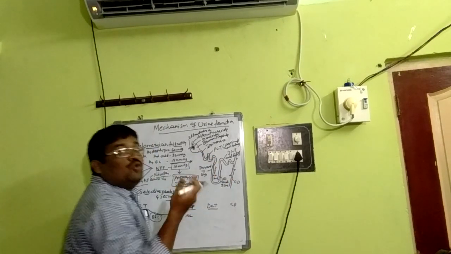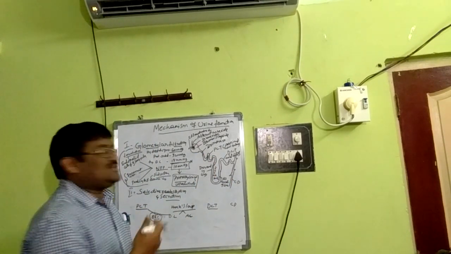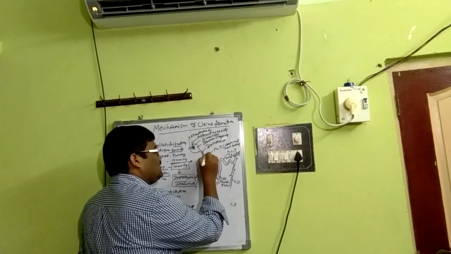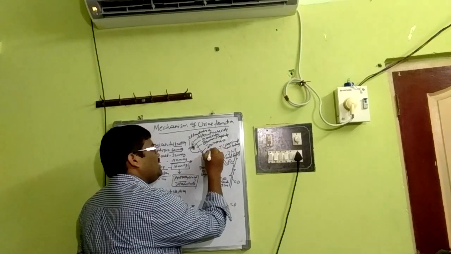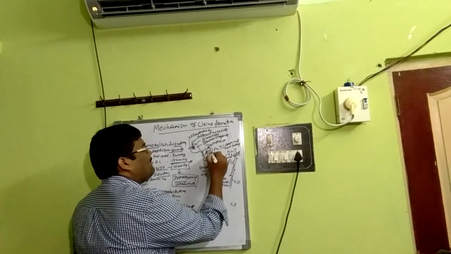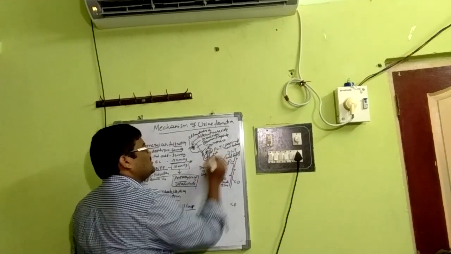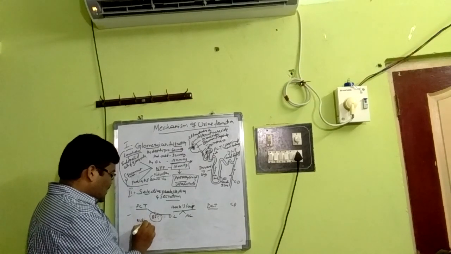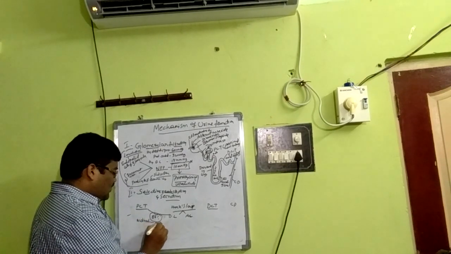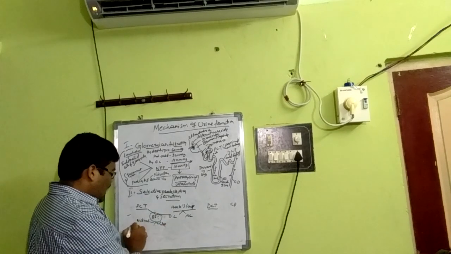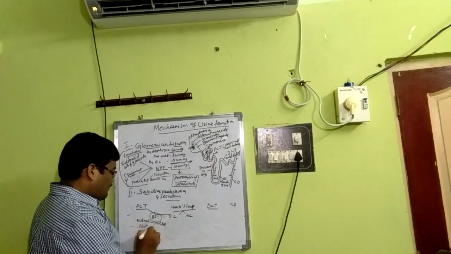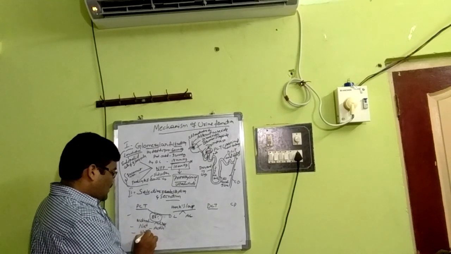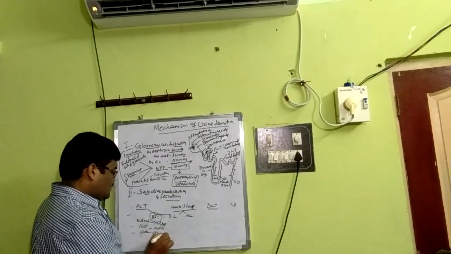As I told you, we have to reabsorb our essential substances, let's say nutrients. Simply I write here for understanding. Nutrients are reabsorbed by active transport, and sodium also by active transport, water by osmosis.